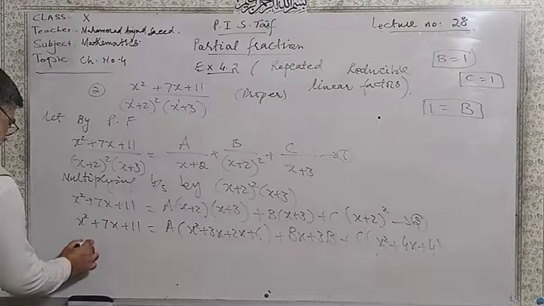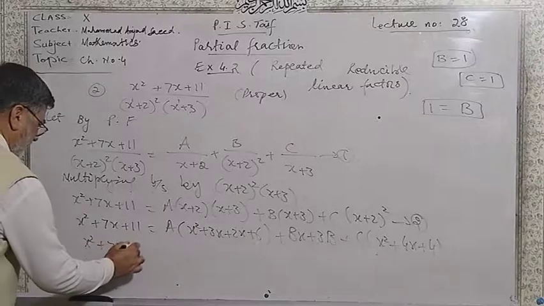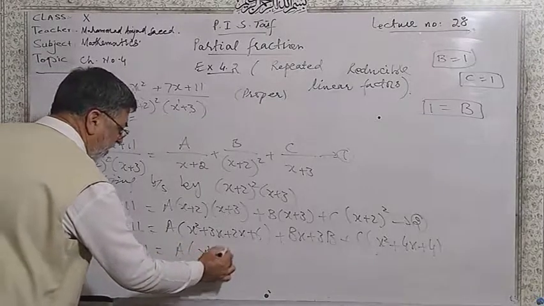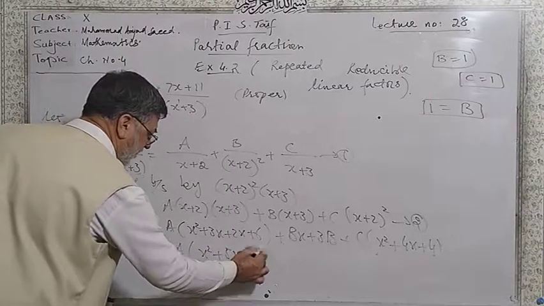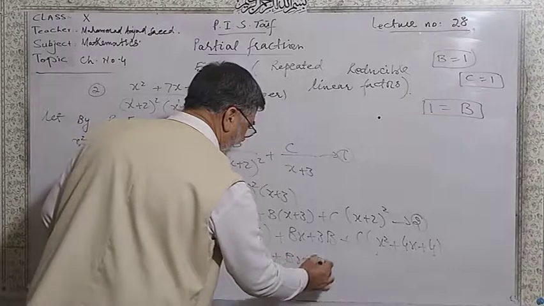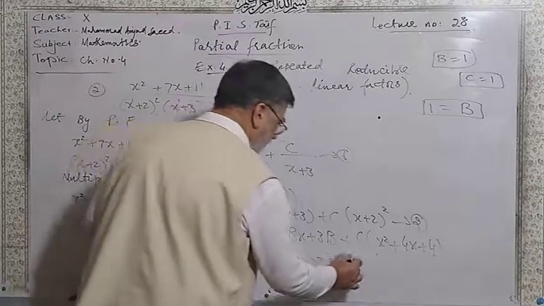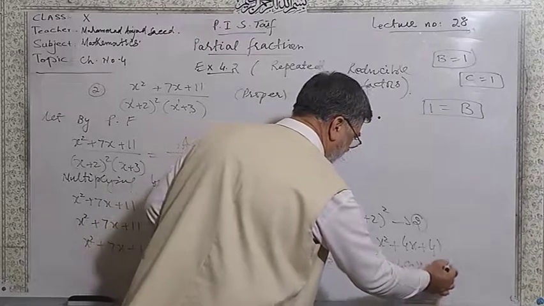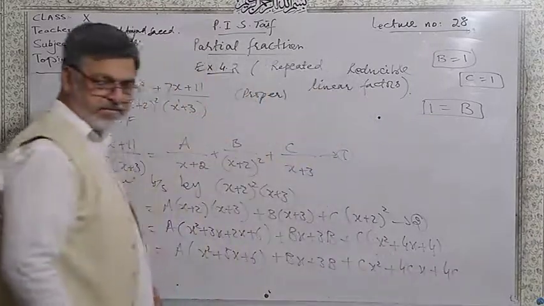Here is x square plus 7x plus 11 equals a into x square plus 5x plus 6, that will be bx plus 3b, cx square plus 4cx plus 4c.